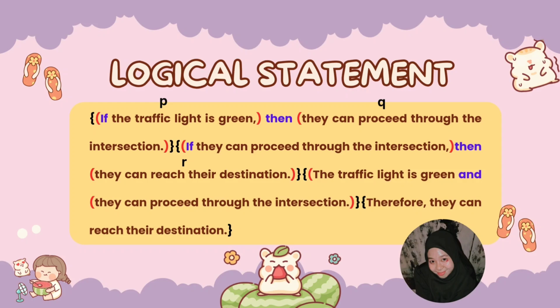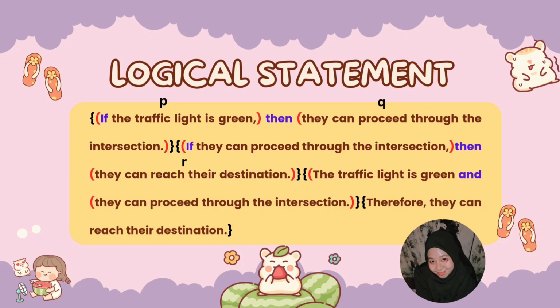If the traffic light is green, P, then they can proceed through the intersection, Q. This is a conditional statement where P implies Q. It means that the green light is a necessary condition for proceeding through the intersection. Statement 2. If they can proceed through the intersection, then they can reach their destination. This is another conditional statement where Q implies R. It means proceeding through the intersection ensures they can reach their destination.